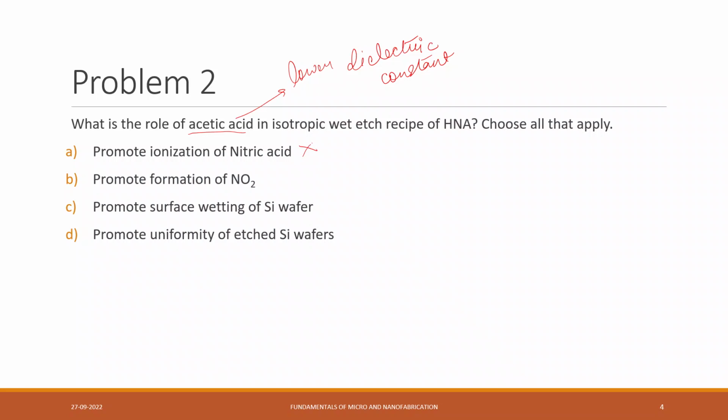That's why acetic acid plays a role. Here the acetic acid helps in lowering the probability of ionization, and thus it helps in promoting the formation of NO2.